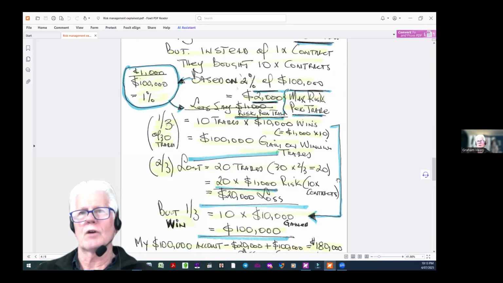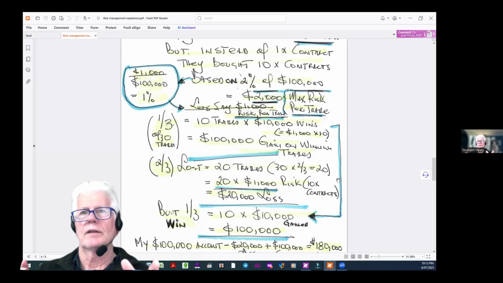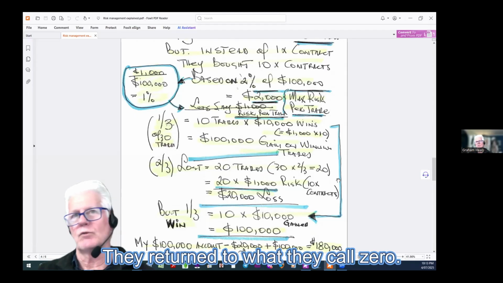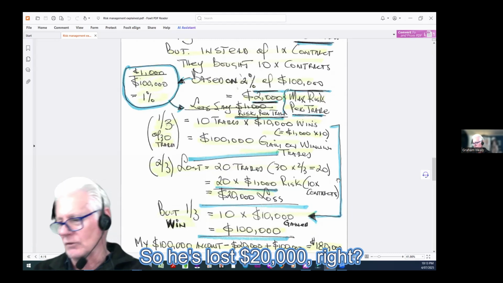He's put $30,000 in, and $20,000 of that, 20 trades by $1,000, didn't gain anything. They returned to what they call zero. They didn't make money. They're a loss. So he's lost $20,000, right?